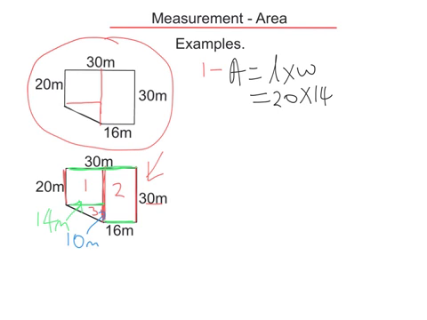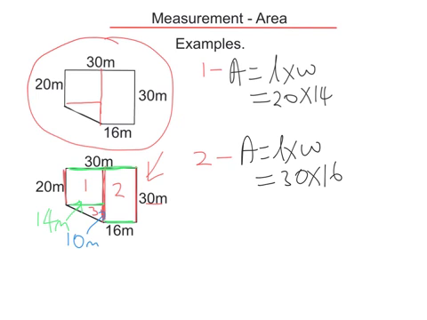For area 2, again we have a rectangle. Its sides are already on there, we don't need to calculate or work anything out because its length is 30 and its width is 16. So let's put that one in. Area equals length by width equals 30 by 16.